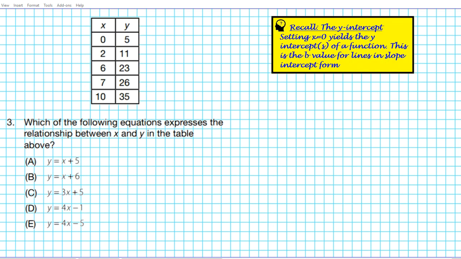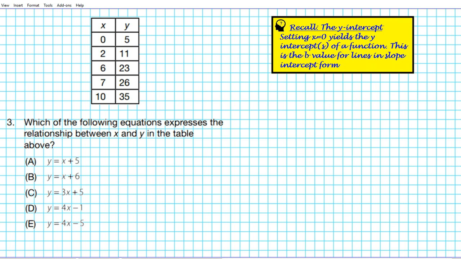Okay, let's take a look at question 3. It reads, which of the following equations expresses the relationship between x and y in the table above? Alright, so you have five equations of lines given in slope-intercept form, y equals mx plus b. One thing to keep in mind is that if you want to find the y-intercept, all you have to do is set x equal to 0, and that will give you the y-intercept of any function.